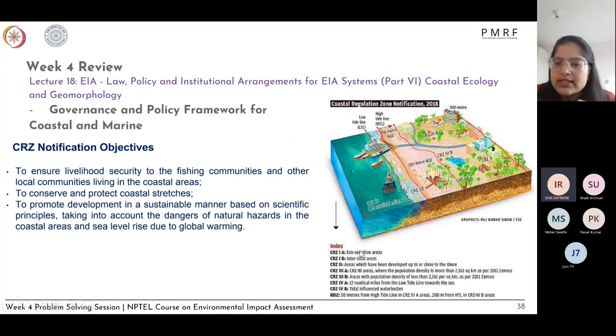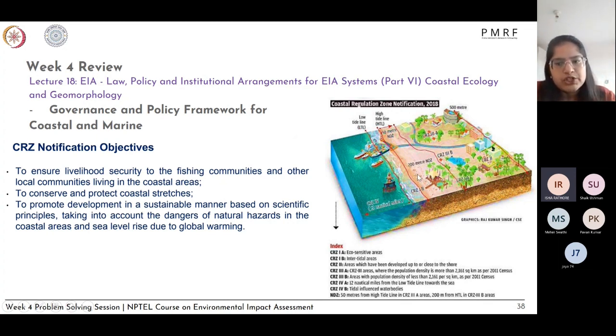So CRZ1A is the eco-sensitive area. So CRZ1A is like the protected or the dense forest area or the eco-sensitive zone, whose disruption will cause a major ecological impact, something like a dense forest area. So this is CRZ1A. And then CRZ1B is the intertidal area. So CRZ1B is close to the shoreline, and it's where the tides wash up.